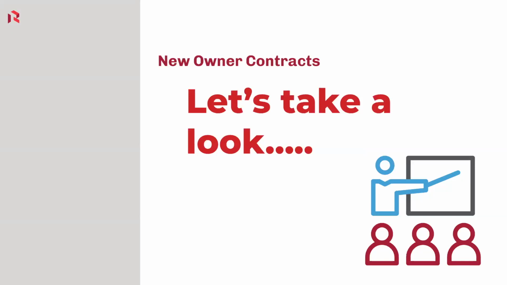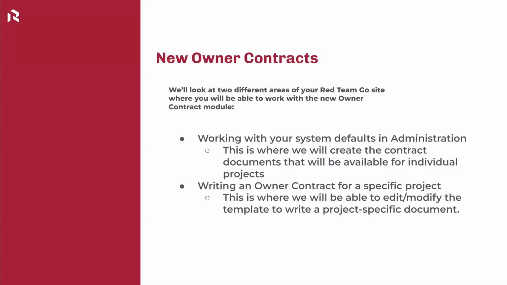Let's take a look. When we dive in here, you'll see that there are kind of 2 sides to this coin. The first part we're going to look at is in administration. If you're an administrator in your Red Team Go system, you will be the one that has access to this, or anybody else on your team who's an administrator in the system.